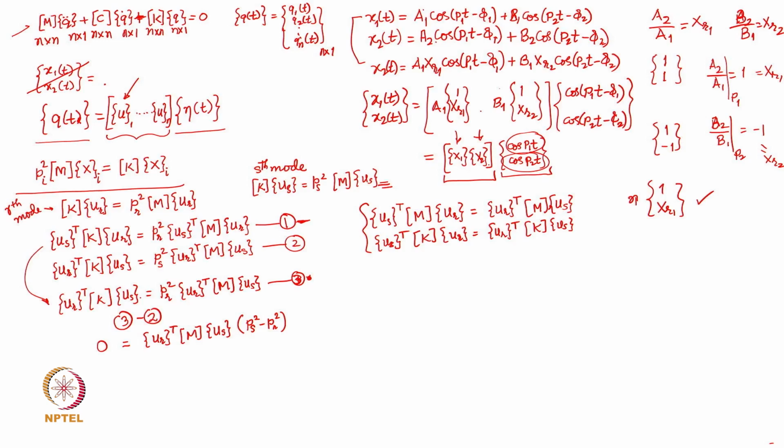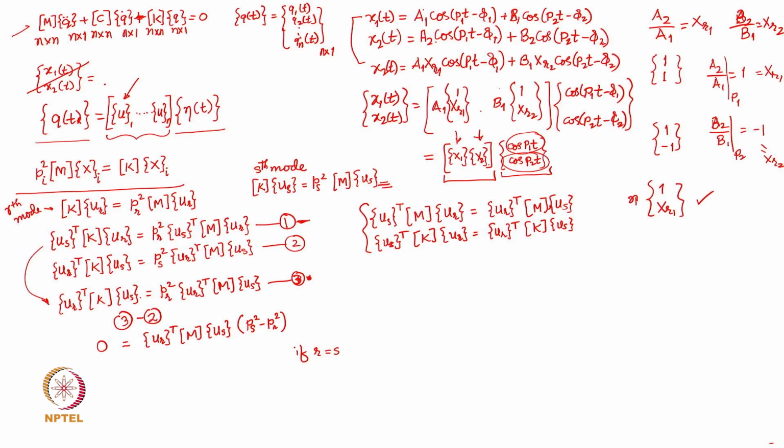Now, what does that mean? If R is equal to S, which means that I am talking of the same mode, then PS and PR will be identical. They mean the same natural frequency. Numerically, that will mean that the bracket is 0.